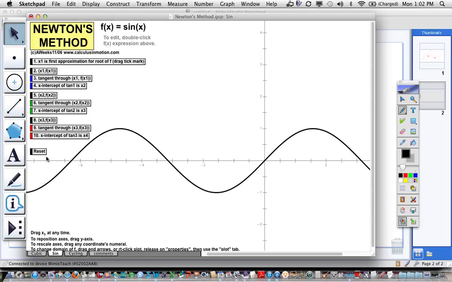Now, this is an old technique that we would never have learned at the high school level. I never knew about Newton's method until I started teaching calculus. I never learned it in calculus in high school or in college. Part of the reason was there were just too many hand calculations to make it worth doing at that level.